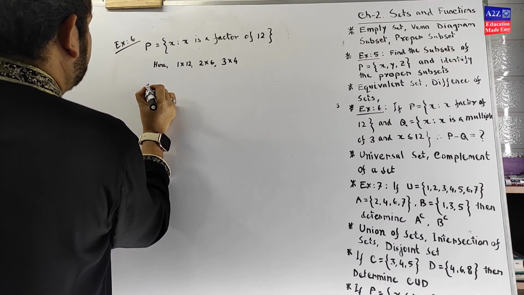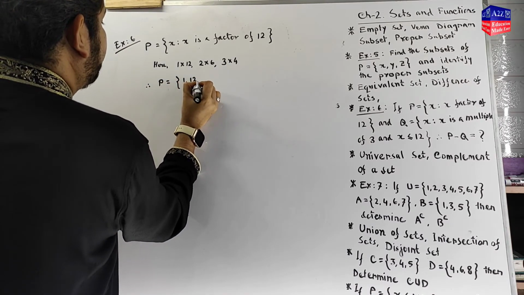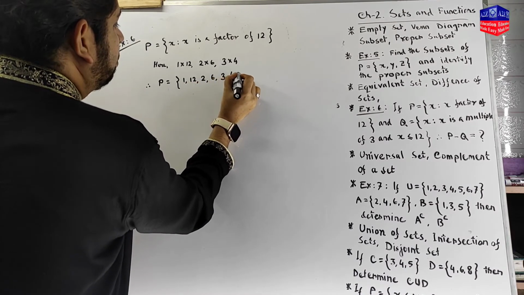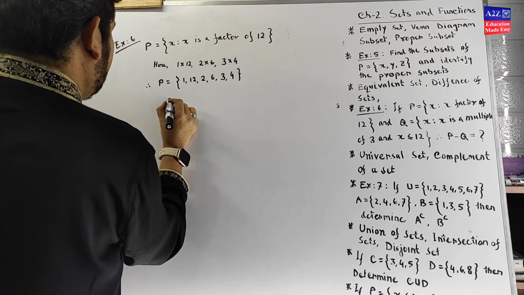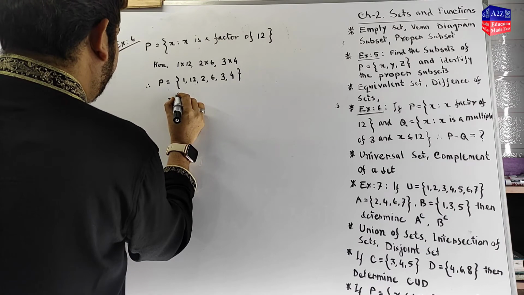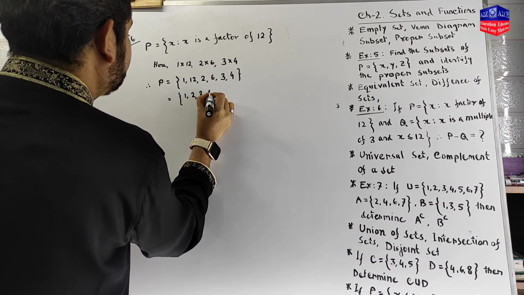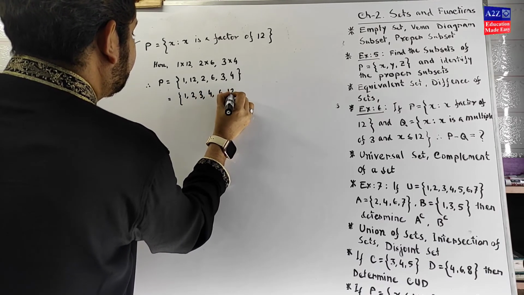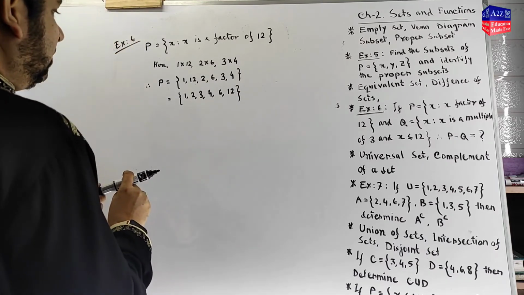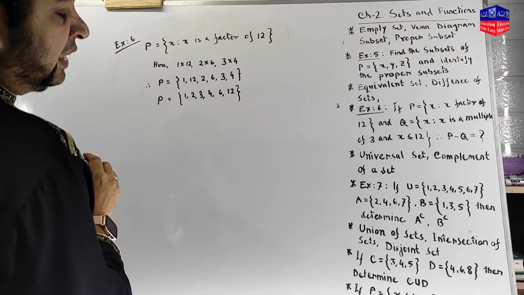Therefore P will be 1, 12, 2, 6, 3, 4, and I would like to write all these elements in a sorted manner. So what will this be? 1, 2, 3, 4, 6 and 12. Okay, this is the first set from which I have to delete the set Q.